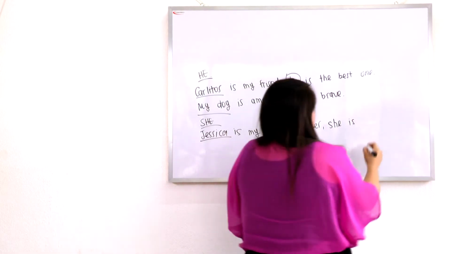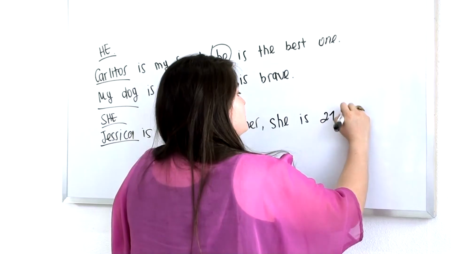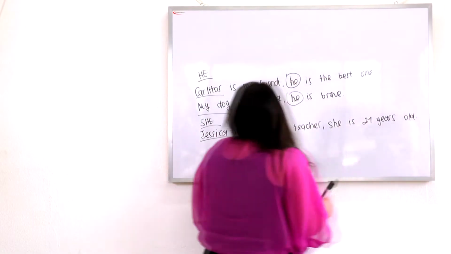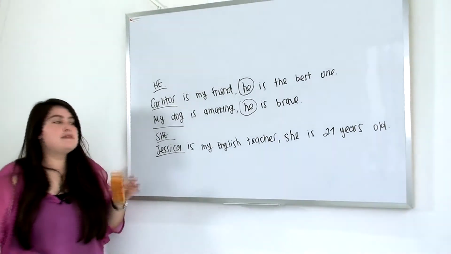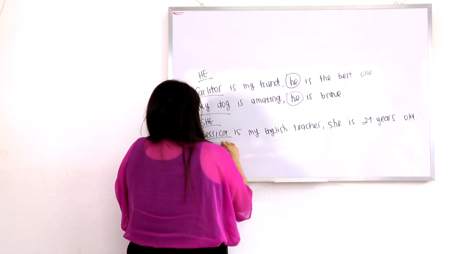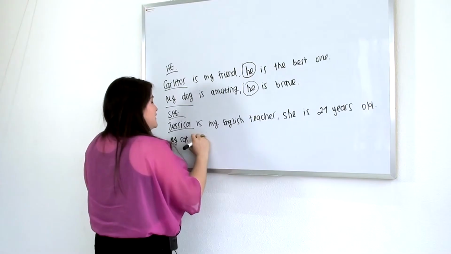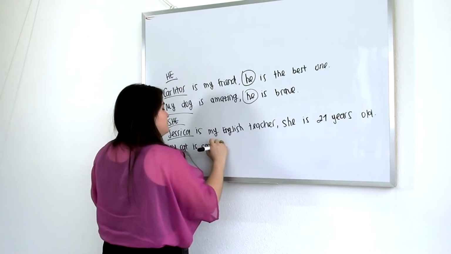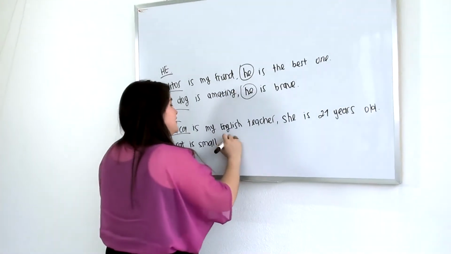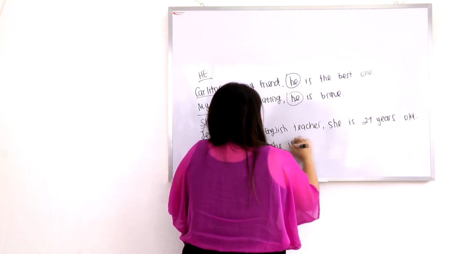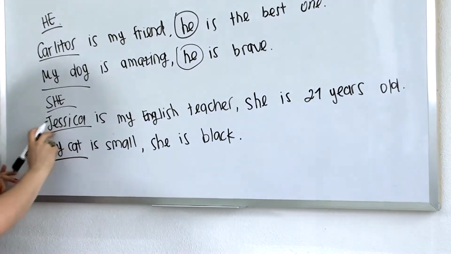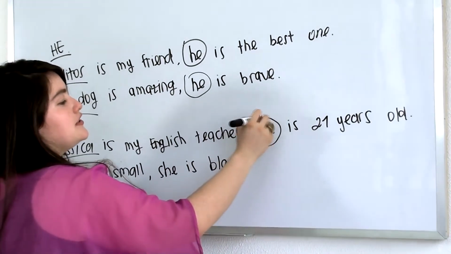She is 21 years old. And then, to give the example for an animal, we can talk about my cat is small. We have already mentioned my cat, so now we can only say she is black. And here it was the same. We have already mentioned Jessica, so then we can only talk about she.